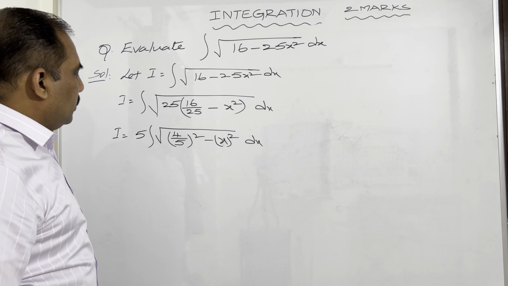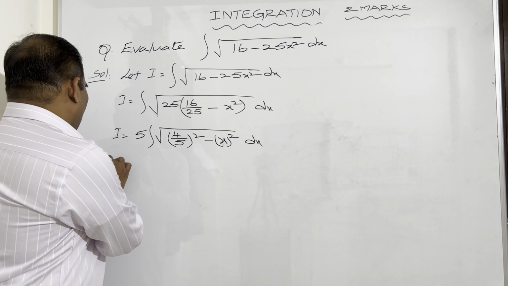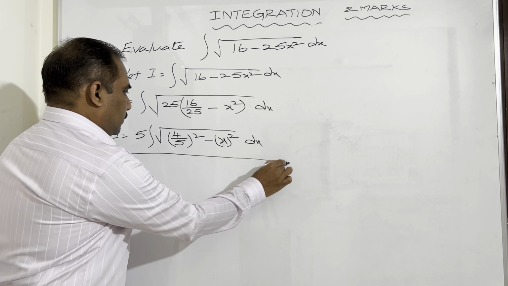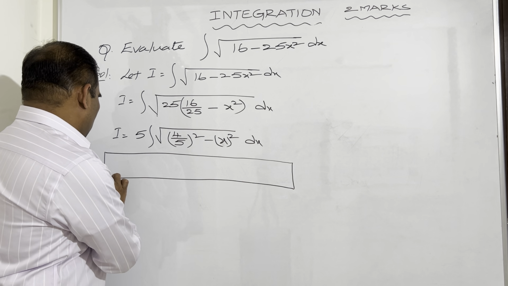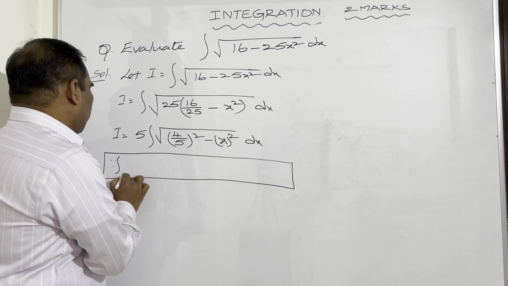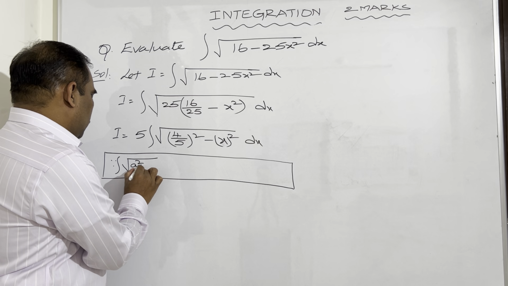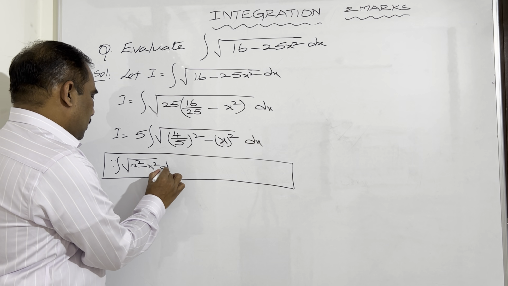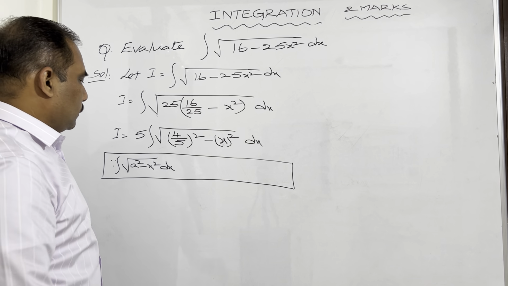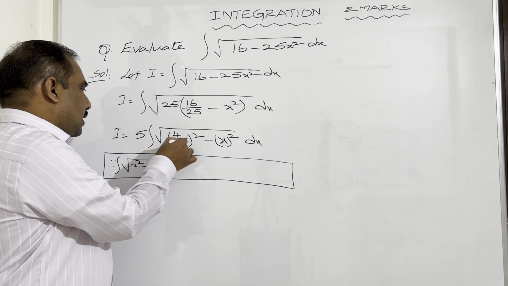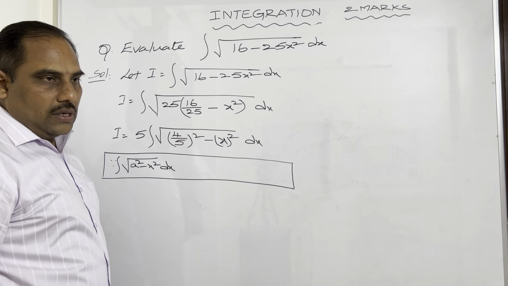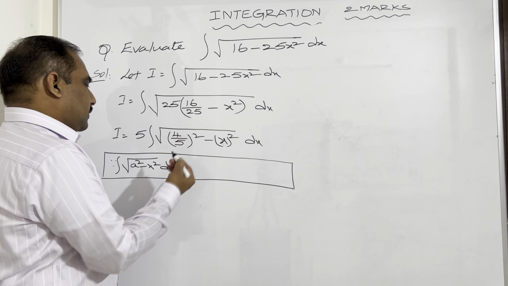Now observe here, this is in the form of one of the standard forms: the integral of root over a square minus x square dx. What is a here? 4 by 5 is a, and clearly x is x.